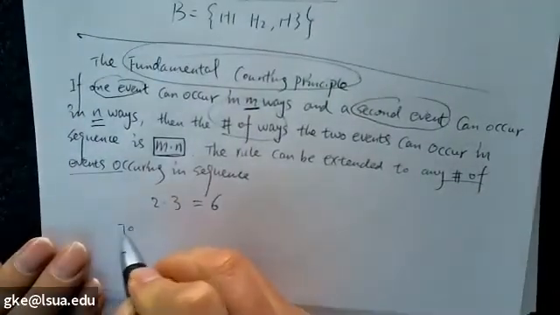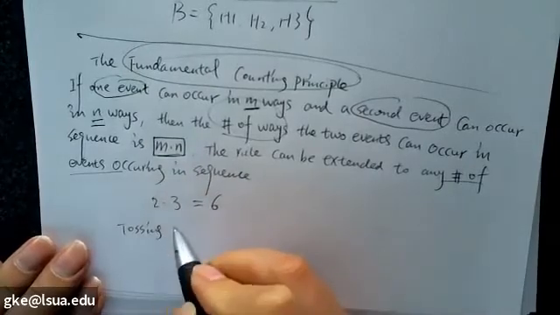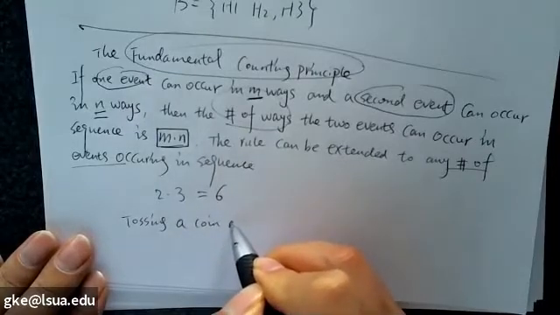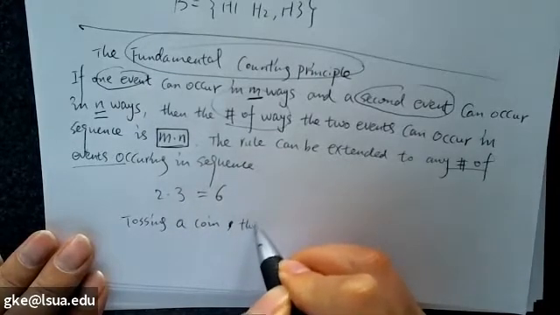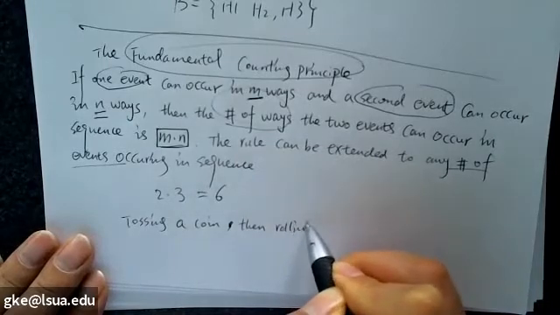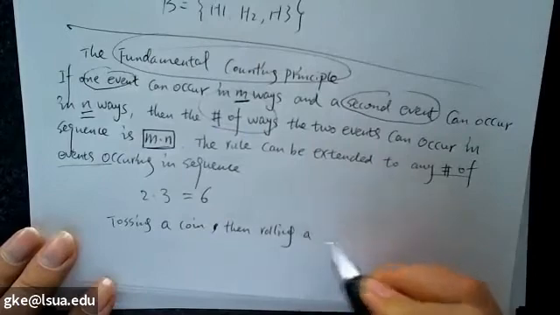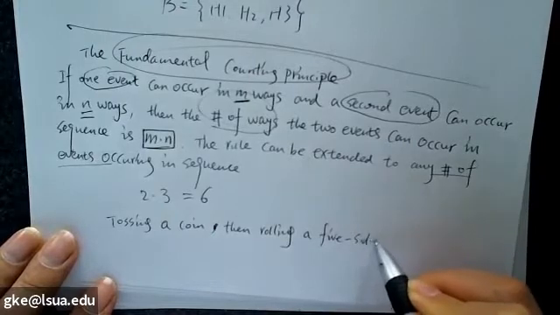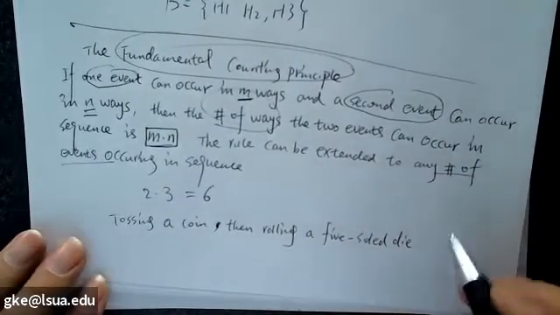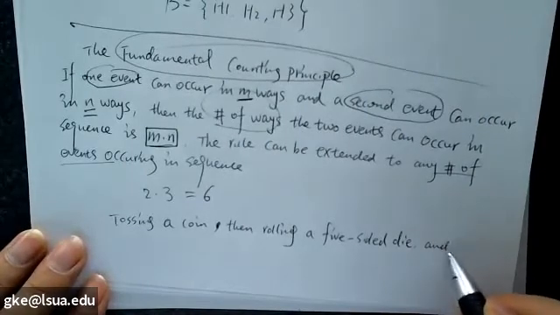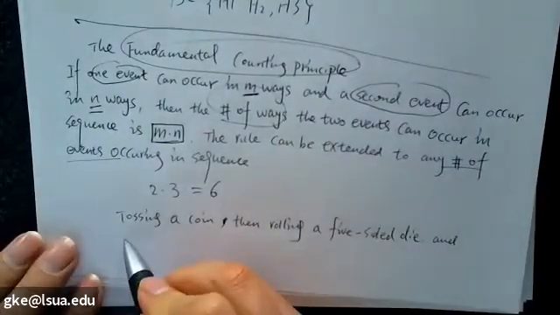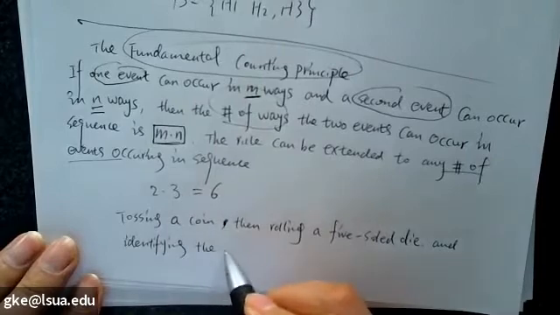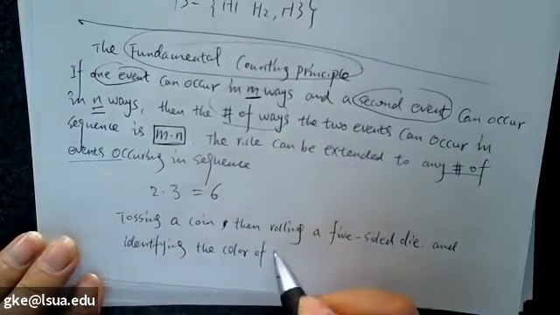For example, tossing a coin, then rolling, for example, a 5-sided die, and then identifying the color of a rainbow.